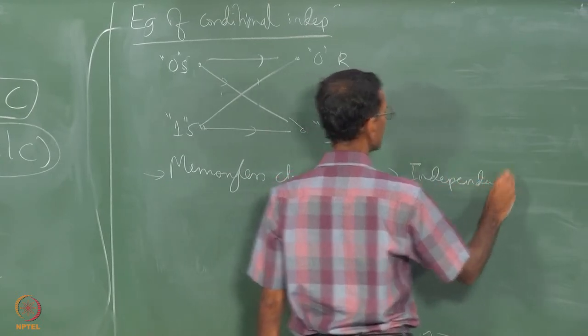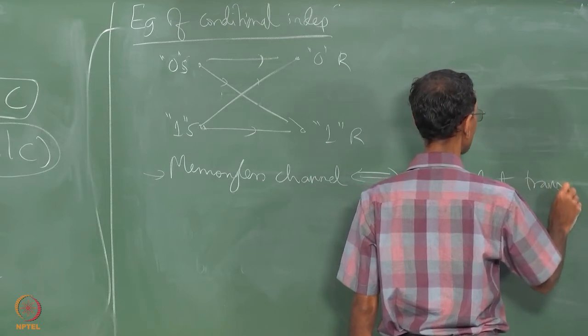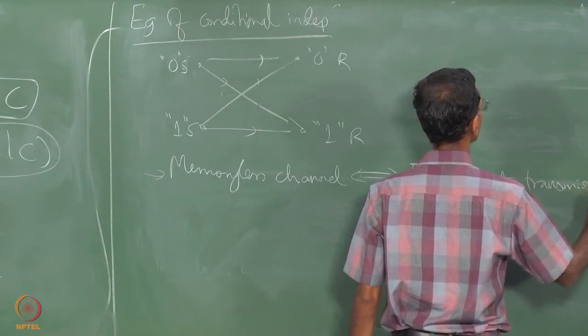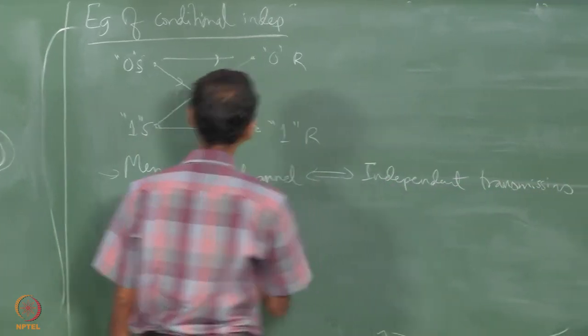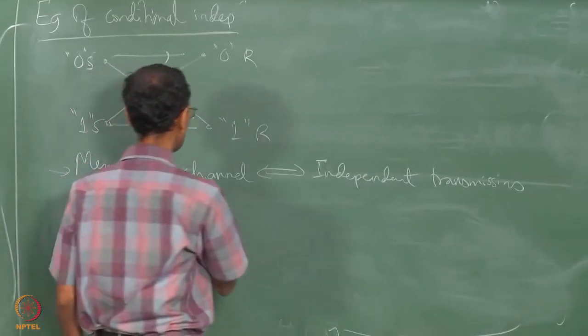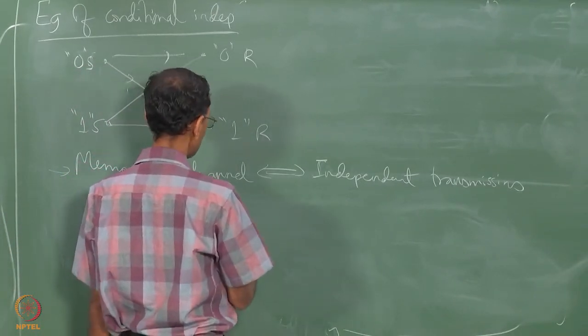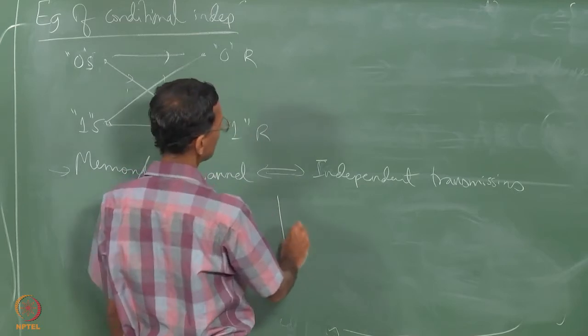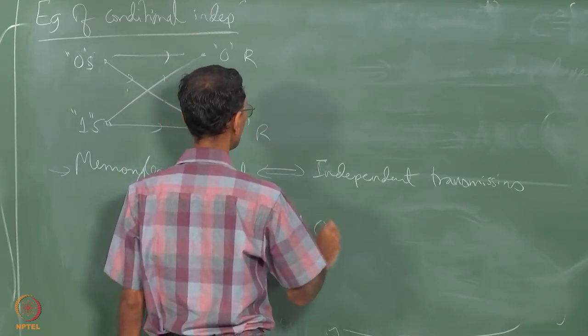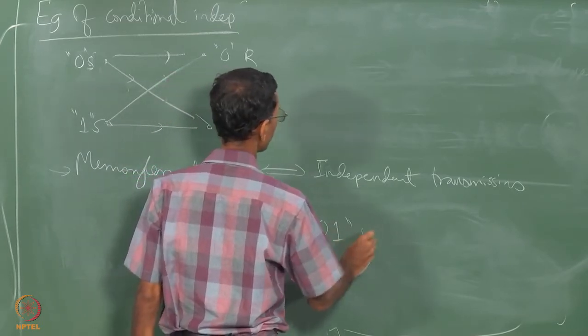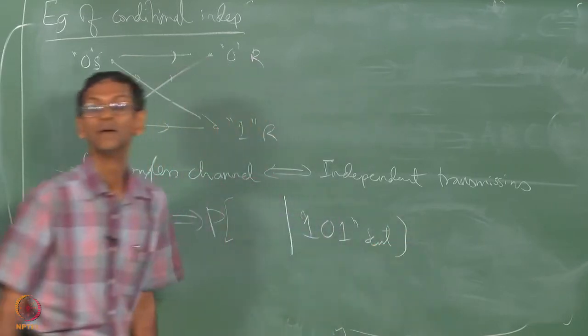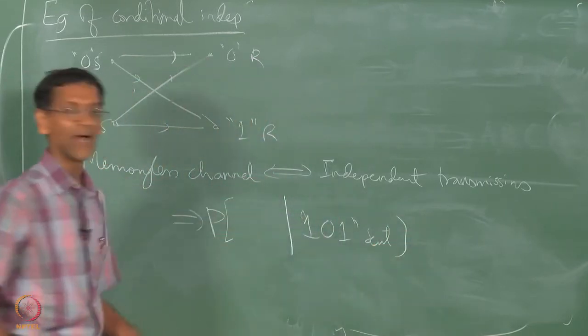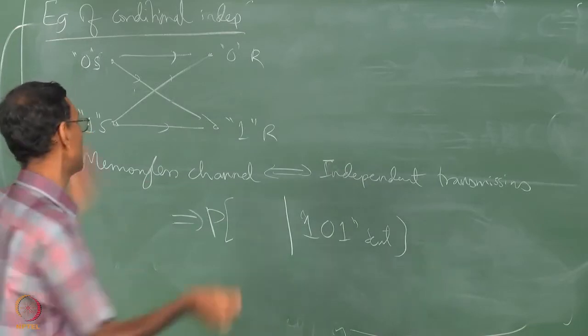So when transmissions are independent, what do you say? This implies the probability, for example, of supposing 101 is sent, and you are looking at the event that the same 101 was received. The whole thing is fixed.